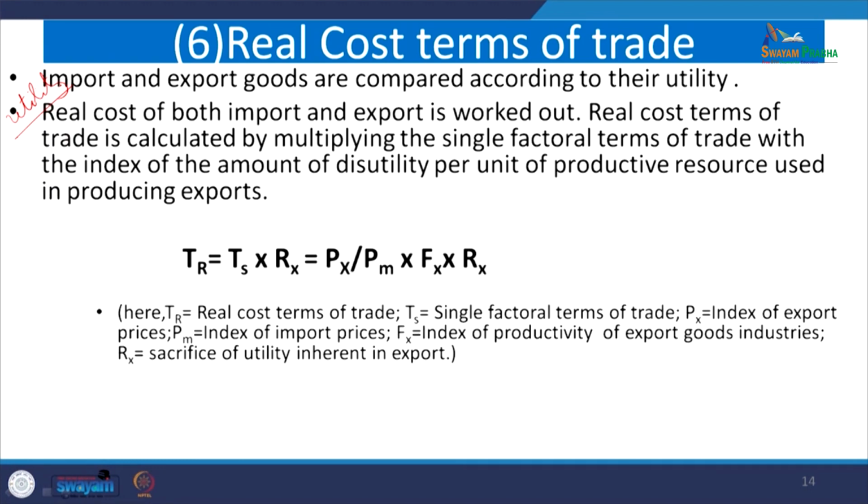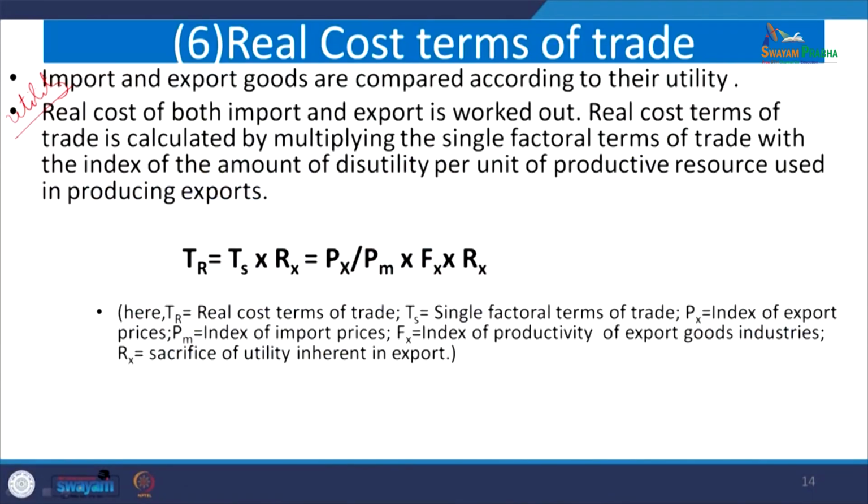The real cost of terms is calculated by multiplying the single factorial terms of trade with the index of the amount of disutility per unit of productive resources that have been forgone, or resources that have been used for exporting. For example, Ts times Rx is used here, where Rx stands for the sacrifice of utility inherent in the exports.